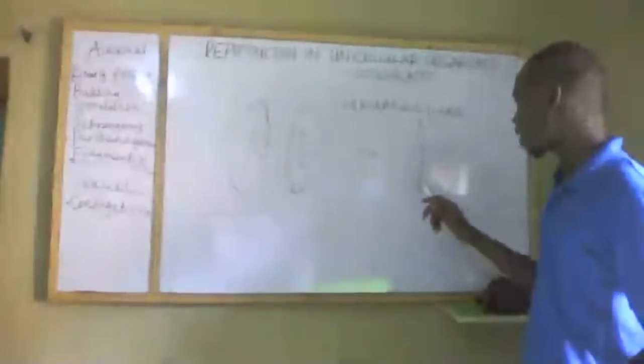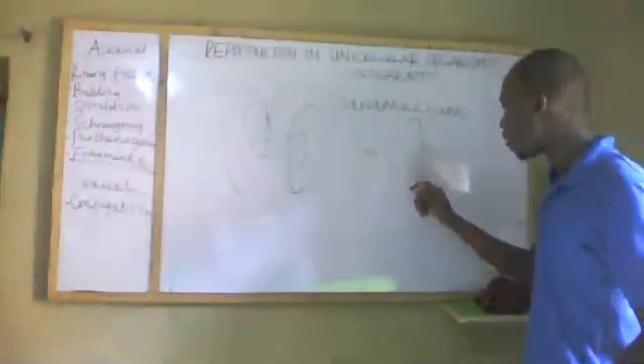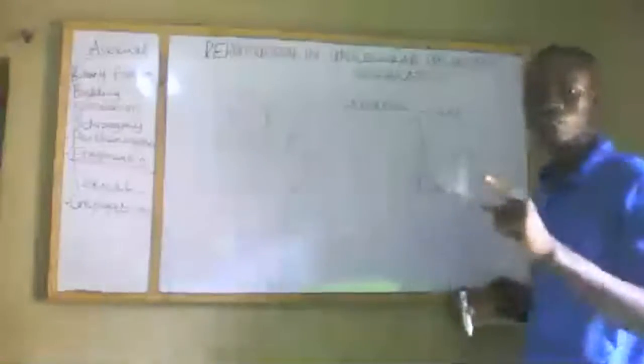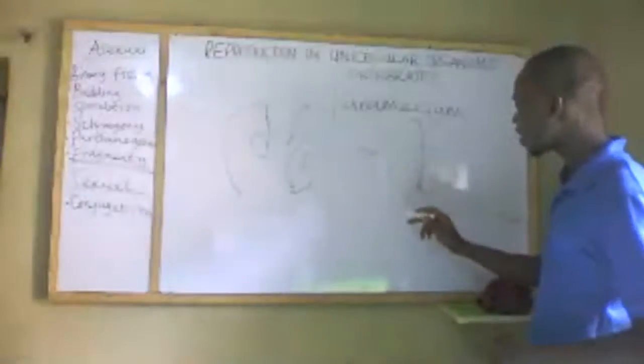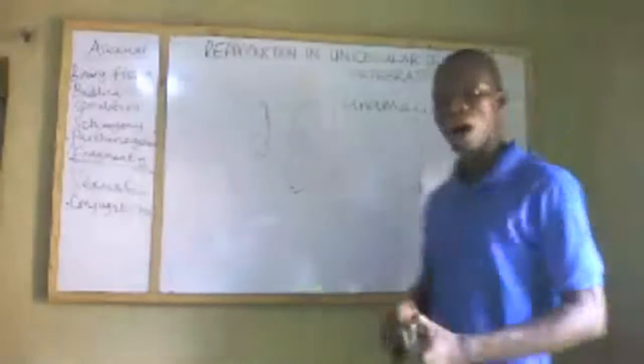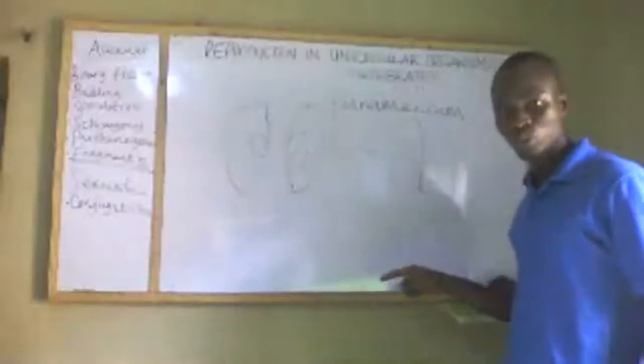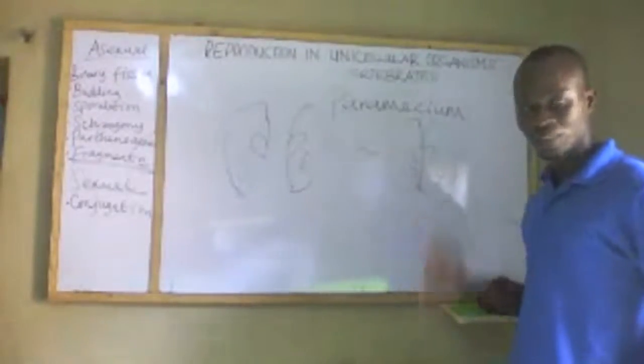The micronucleus of each of the conjugates will now divide twice. When each of them divides twice, 4 haploid cells are produced as a result of the division.